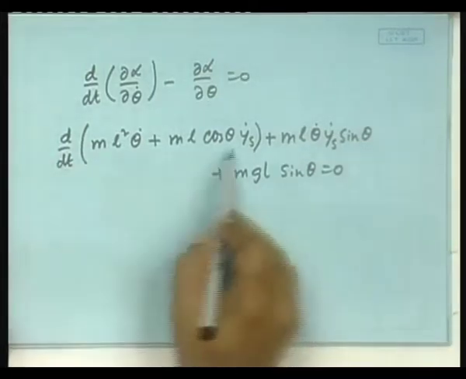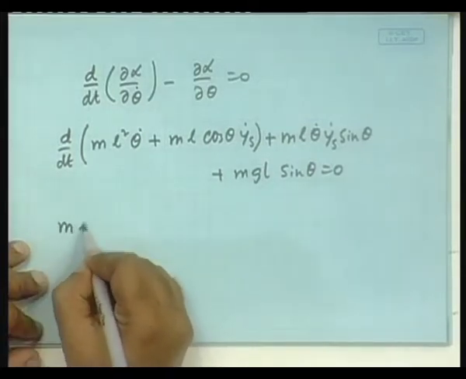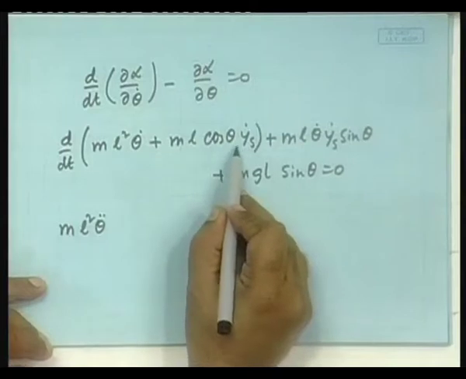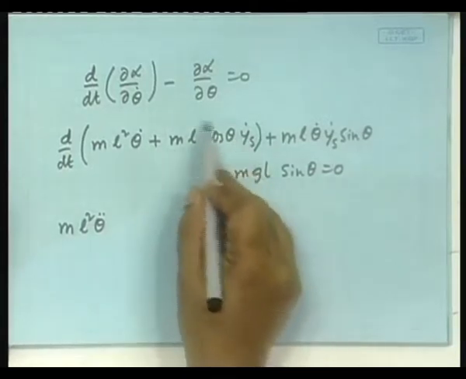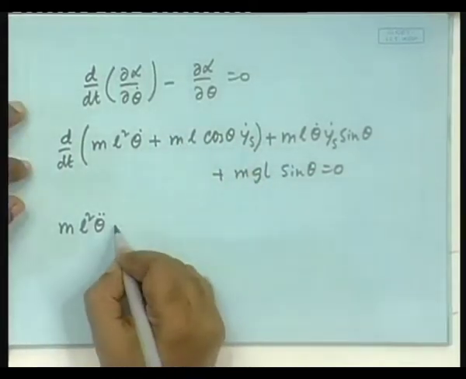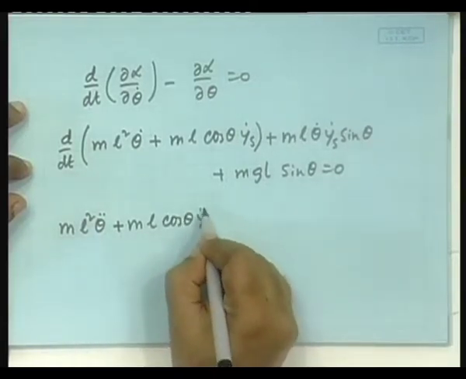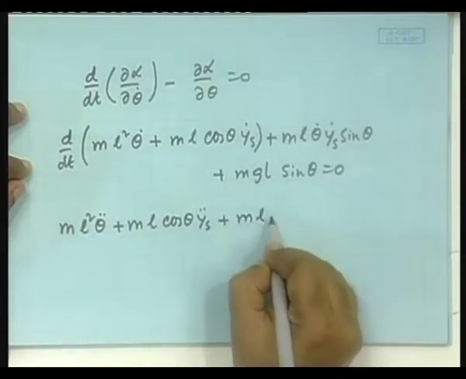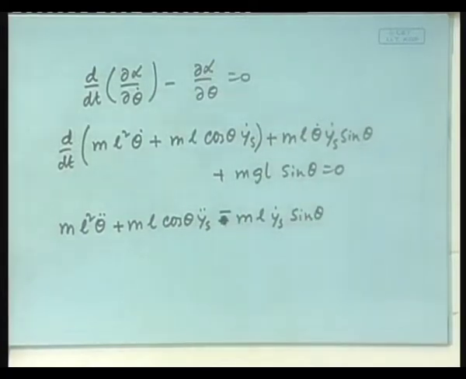Right. Now, you differentiate this. If you differentiate this, what do you get? Firstly, you get m l squared theta double dot. Now, here are two quantities that depend on time, and therefore, you have to be careful in differentiating this term. You have to say plus m l cos theta y double dot s, plus m l y dot s sin theta, okay?